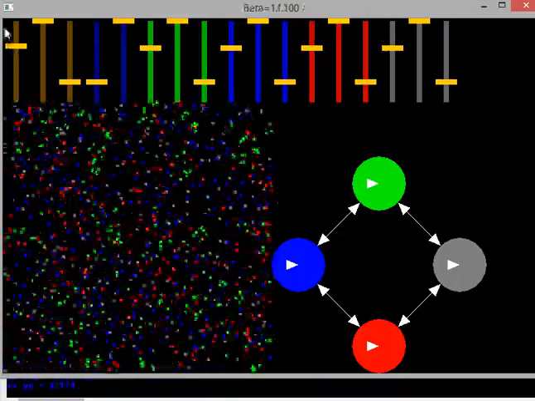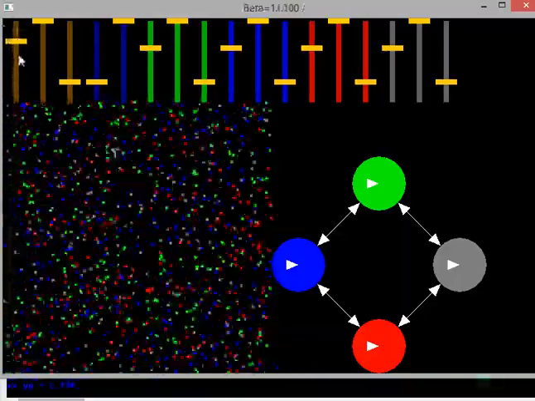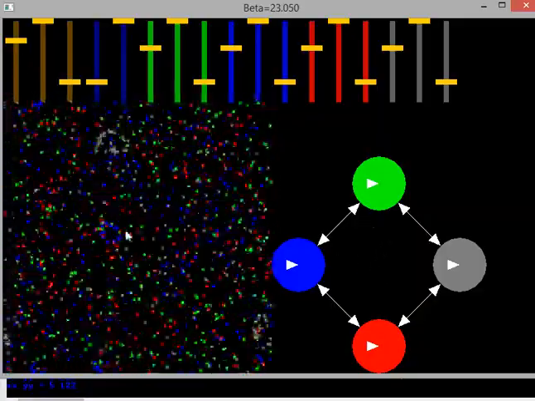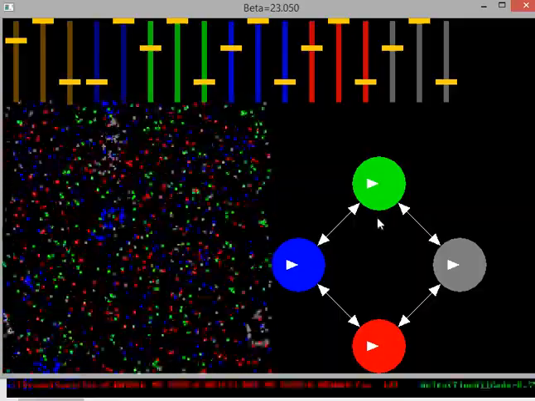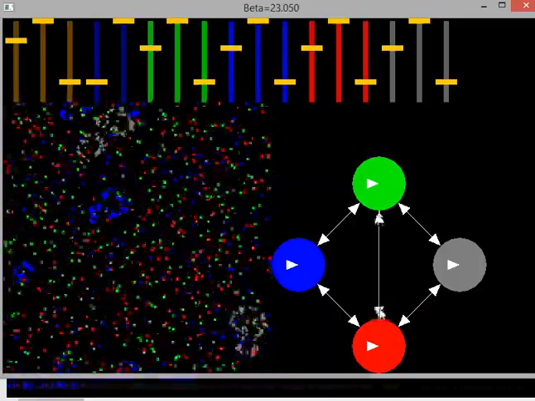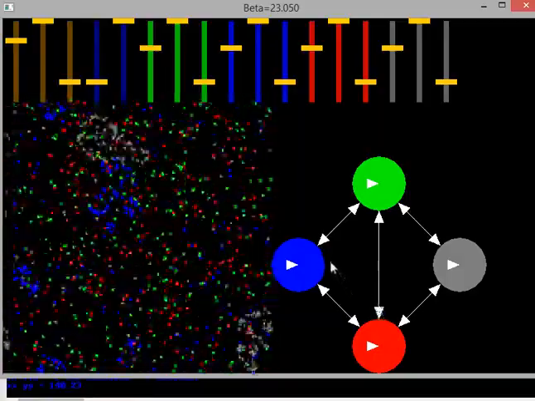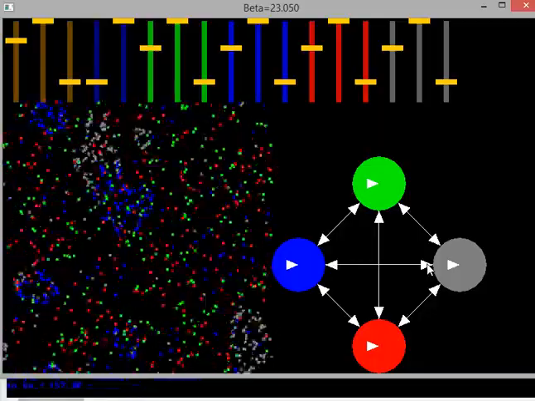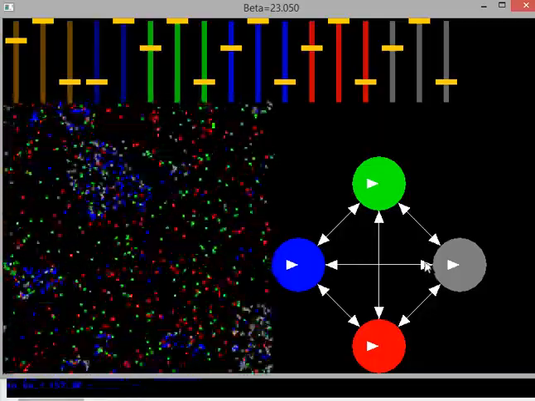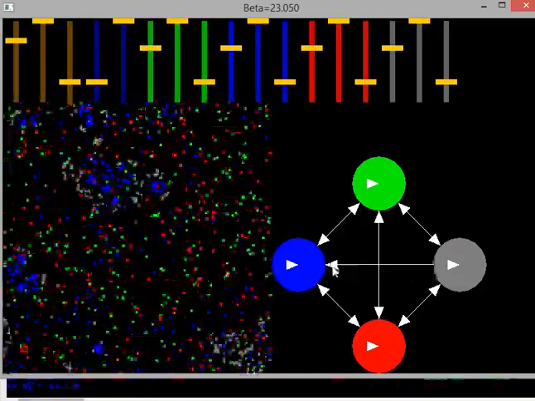Let's increase beta to 23. Seems to be a magic number. Yeah, gray, blue. Okay, now we're going to connect gray and blue last. Still we get gray and blue together.